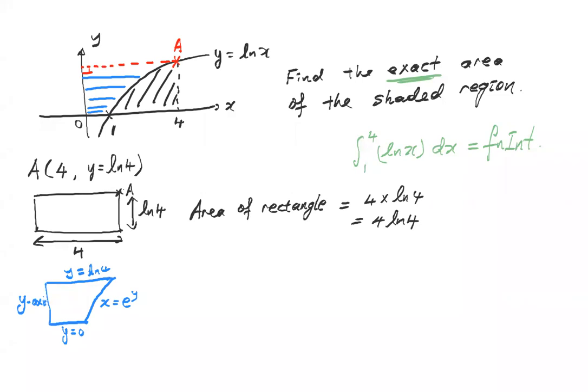Yes. So in here, it looks like there are a lot of small rectangles of equal width, whereby the width is dy. Am I right? And the height of the rectangle is x. So in order to find this area, I integrate from y equals 0 to ln 4 of x dy.